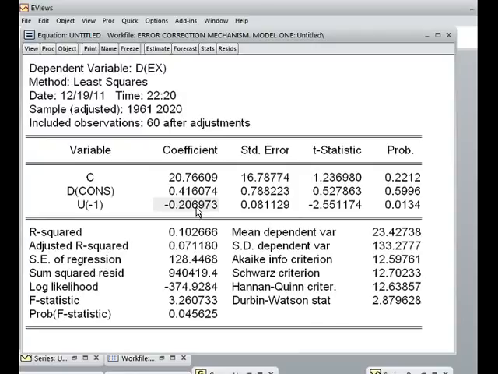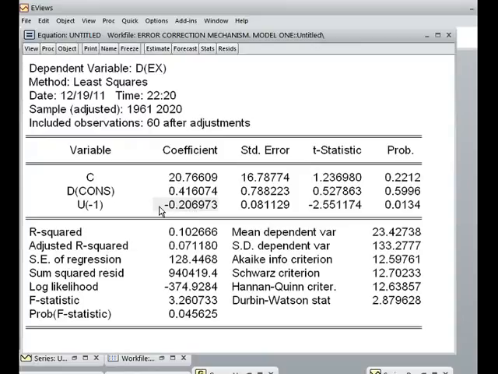In other way, she is adjusting with the previous period disequilibrium at the rate of 20.69%. Or in other way, speed of adjustment of the disequilibrium is 20.69%. That is the meaning of the error correction term.